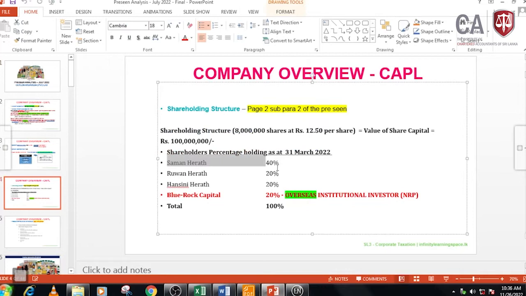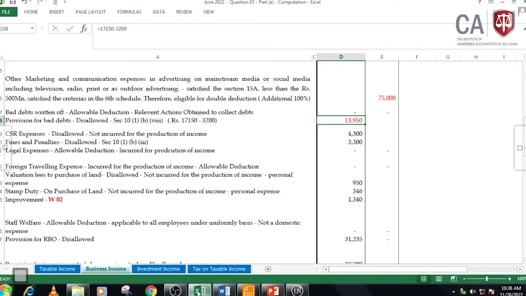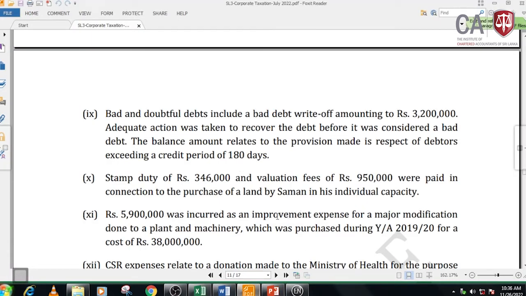Someone here is a shareholder. To do the activities of the shareholder, it has incurred this stamp duty. Then is this an expenditure incurred for the production of income? No, this is a domestic expenditure.